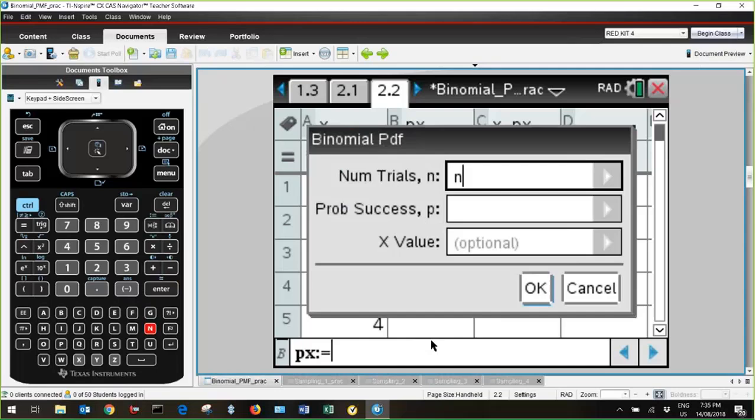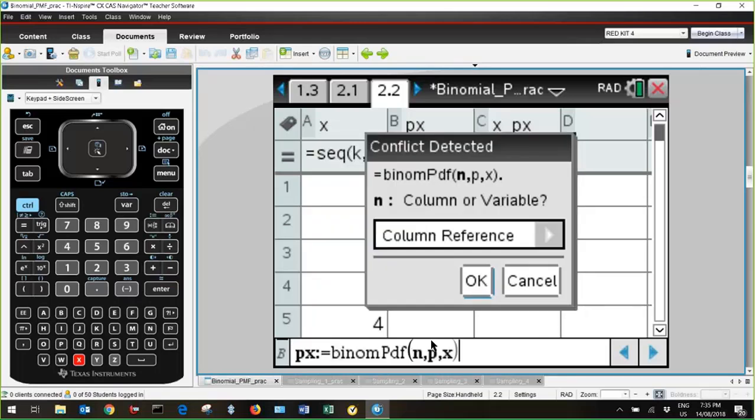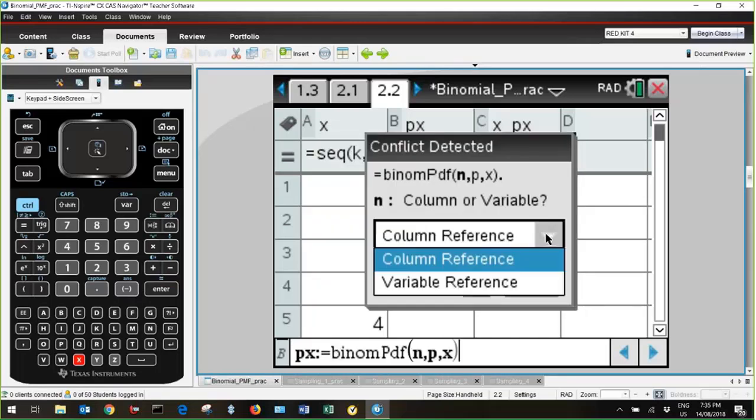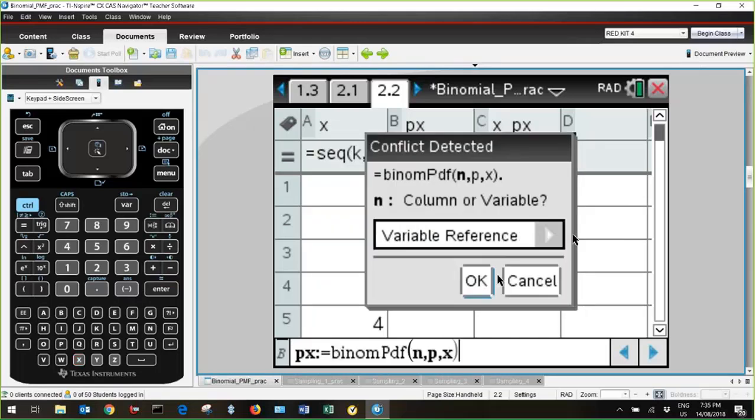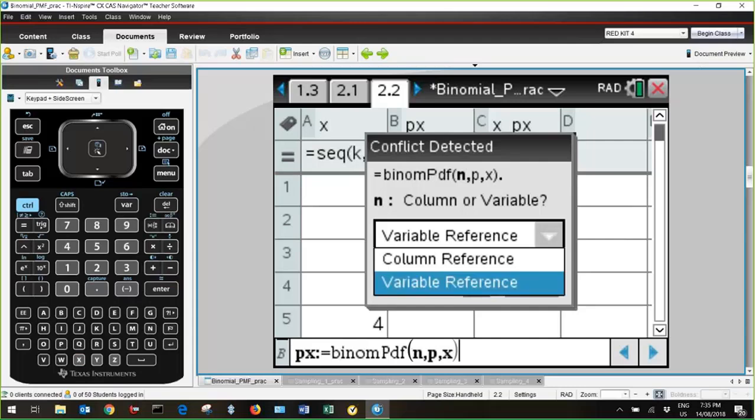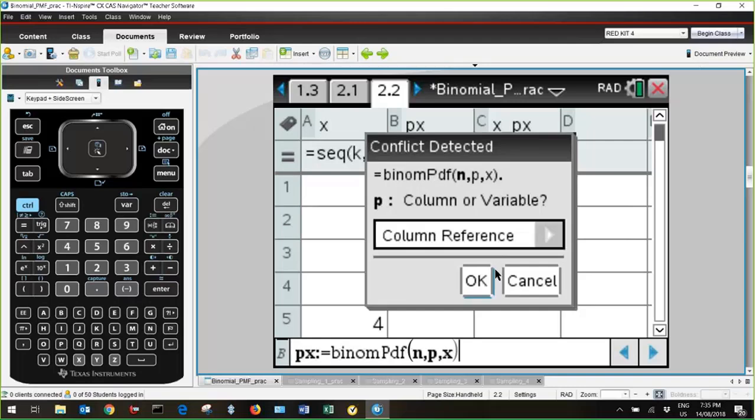I'll tab down. The success probability in a single trial, p, is determined by the slider. And x is going to be everything that's in column x. Once again, I'm going to have to resolve whether I'm talking about a variable reference or a column reference. That's a bit cumbersome, but we're there.